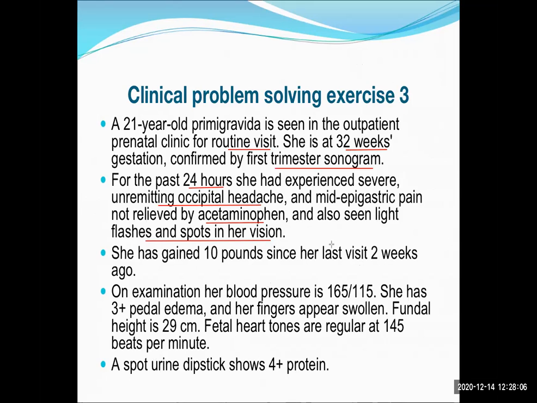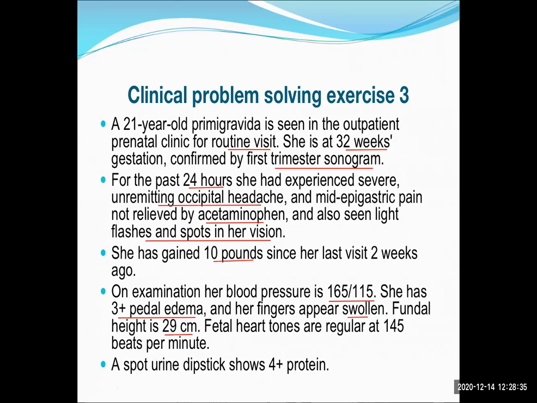She has gained 10 pounds since her last visit 2 weeks ago. So there is a weight gain also. On examination, her blood pressure is 165/115. She has 3+ pedal edema. Her fingers appear swollen. Fundal height is 29 centimeters. So fundal height roughly matches with the gestational period.